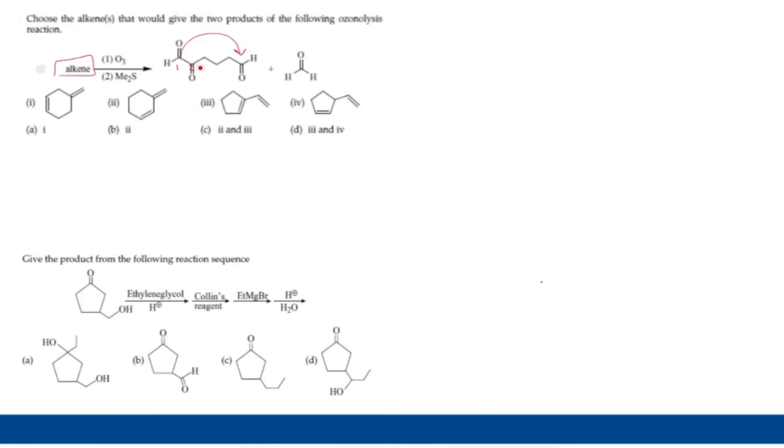You can count the number of carbons here. You see there are 6 carbons. That means the corresponding alkene must be a 6-membered alkene. But you see there is a ketone also. If there is a carbon-carbon bond between this ketone and aldehyde, it could be either a 5-membered or a 6-membered ring.